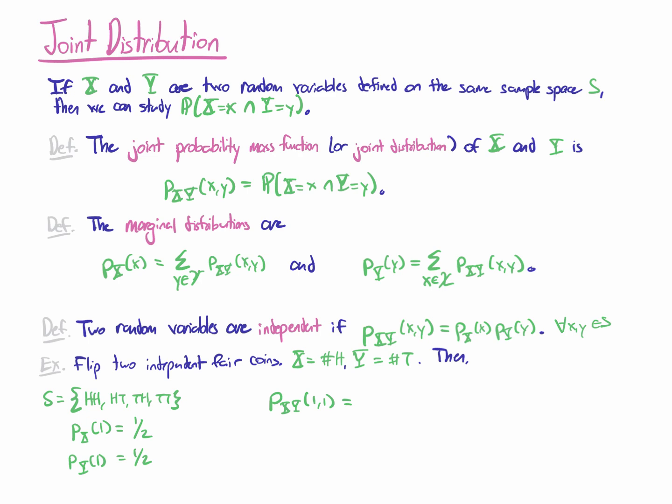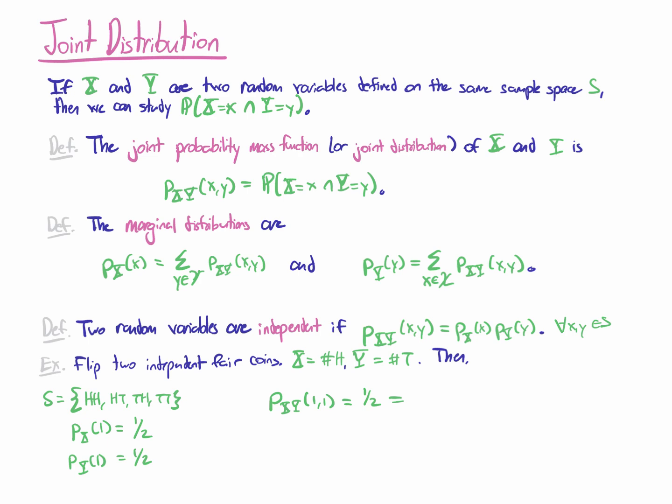Well, here, if we look at the number of events where I have 1 of each, 1 heads, 1 tails, there are 2 of those, and so I'm going to get 1/2. Okay, is that equal to the product of the marginals? Is that equal to the probability of getting 1 heads multiplied by the probability of getting 1 tails? No, it's not, because if I multiply these together, I get 1/4.